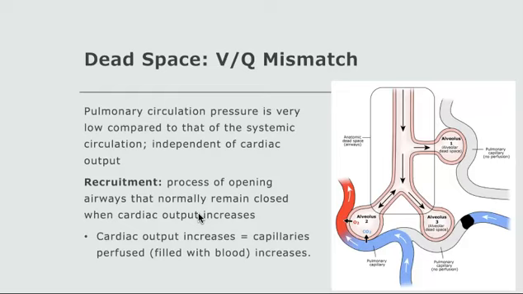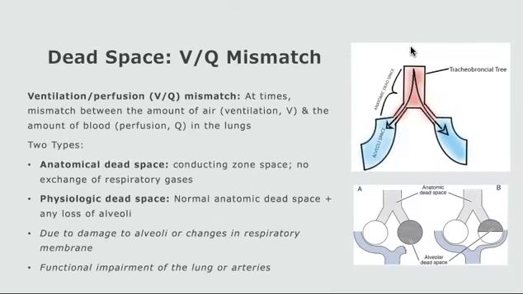So now our lungs know we need to be able to bring in more oxygen, and those airways are going to open up. So as that cardiac output increases, our capillaries are going to be perfused, meaning they are filling with blood, and then we're going to allow that oxygen to move into the capillary bloodstream, and we give off the carbon dioxide, and then we breathe that out.